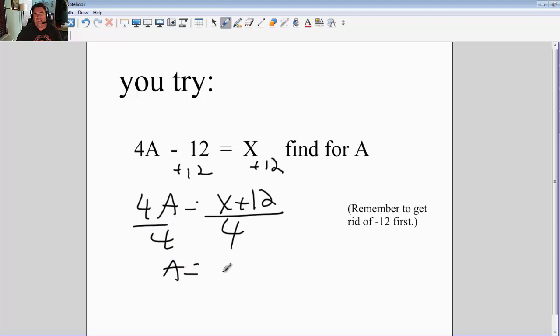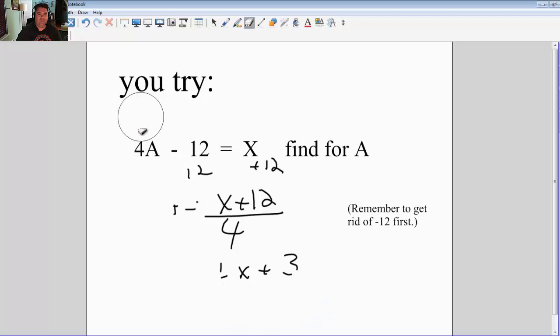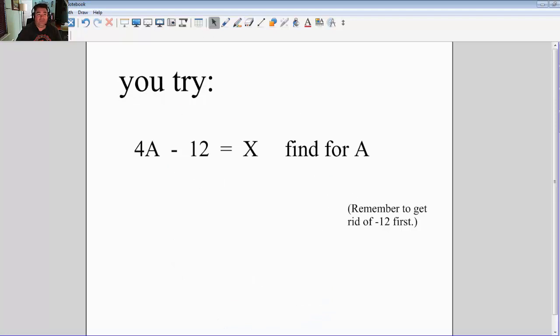And a equals, now I don't care if you have x over 4 or 1/4 x or whatever makes you happy. And then 12 divided by 4 is 3. I do want you to break it down somehow, either x over 4 plus 3 or 1/4 x plus 3. I don't want you to keep it as x plus 12 over 4 because 12 and 4 can be broken down somehow. So I really want to see that. And later when it comes to graphing, that becomes important.